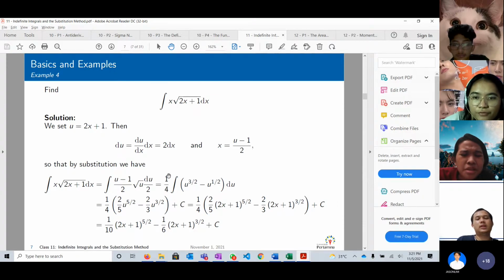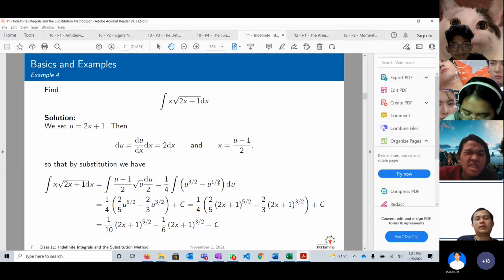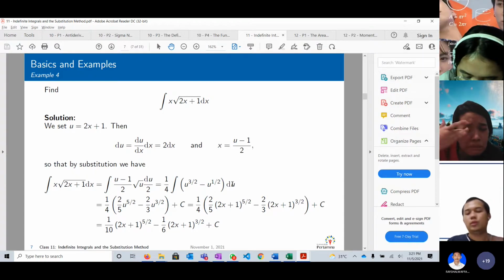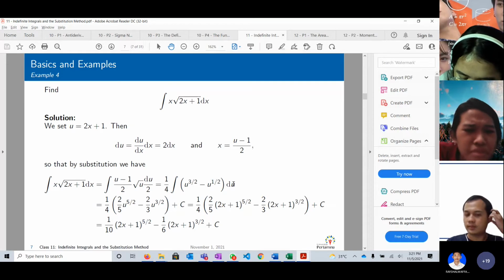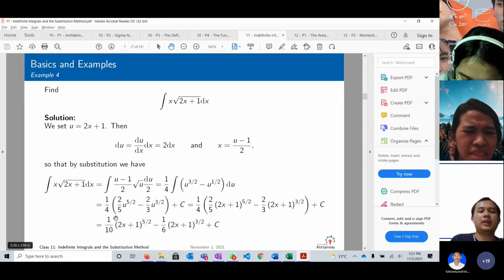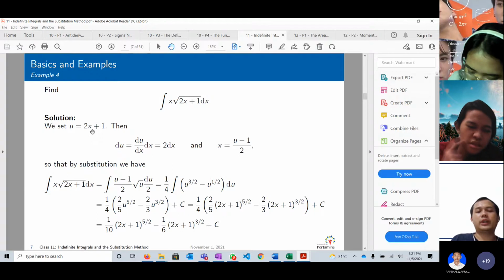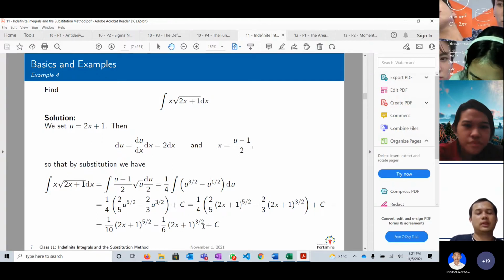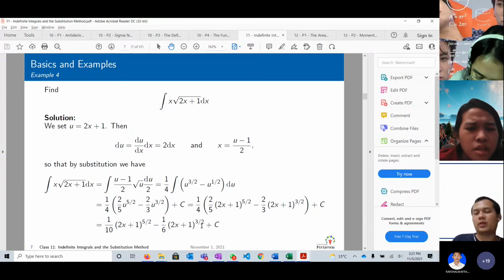In this case, we have 1 over 4 integral of u power 3 over 2 minus u power half with respect to u, which is much easier to integrate. Then we can simply integrate it with respect to u. And finally, we substitute u equals 2x plus 1 back into the results. For this example, any question?